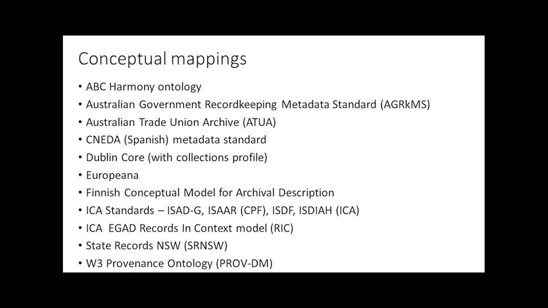One of the first bits of evaluation I did, once I constructed this and built my system, was to map existing metadata schemas back into this framework. So I did the ABC harmony ontology, which is Jane Hunter's thing, the AGKRMS, the trade union archive.